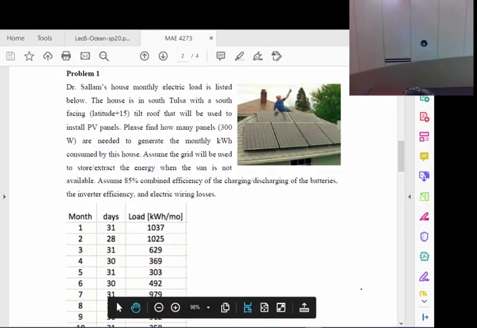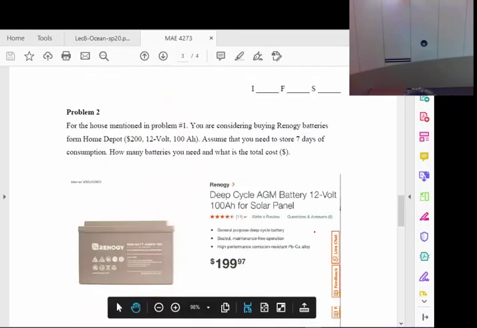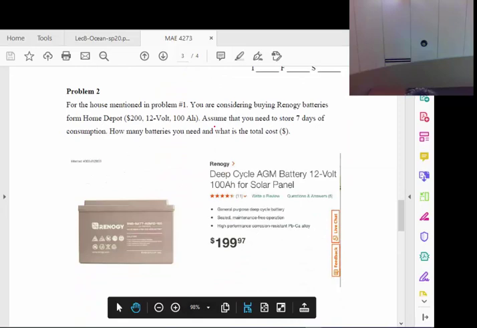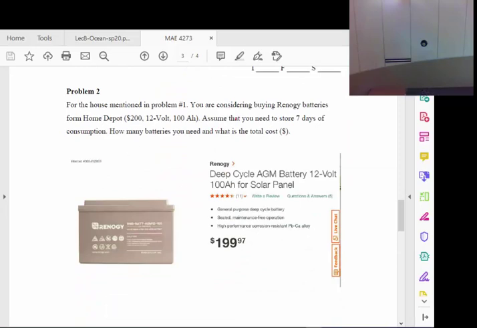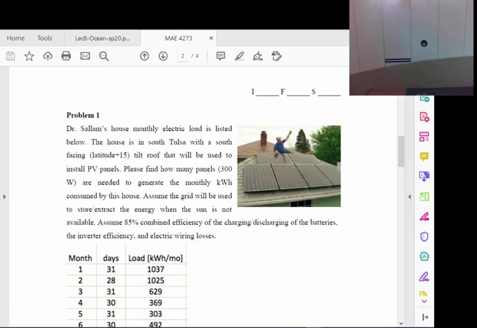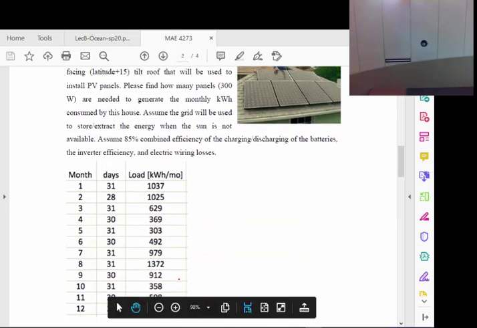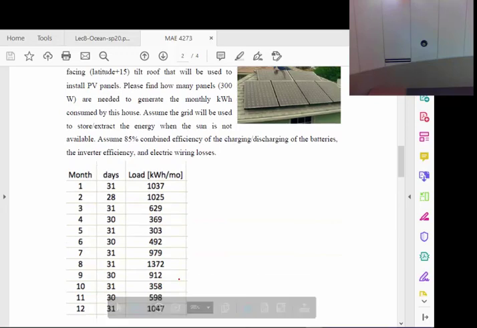The second problem, he said now we want to store, assuming the grid will be used to store or extract energy when the sun is not available. So this system basically says just generate those kilowatt hours and don't worry about when they are being generated and when they are being used.